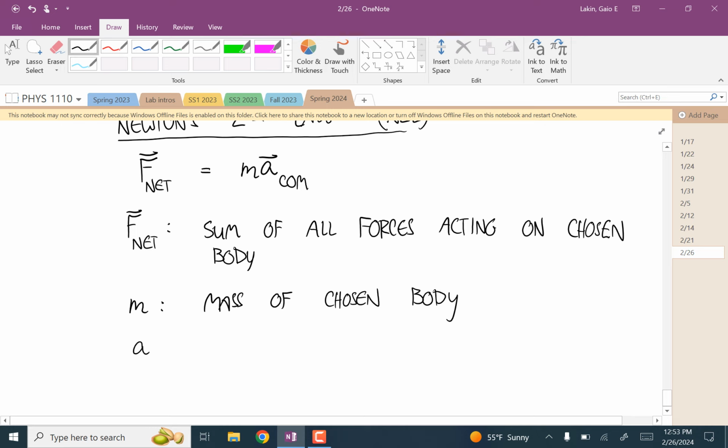And the acceleration of the center of mass, well, that's what it is. The acceleration vector of the center of mass, the acceleration vector of the chosen body's center of mass.